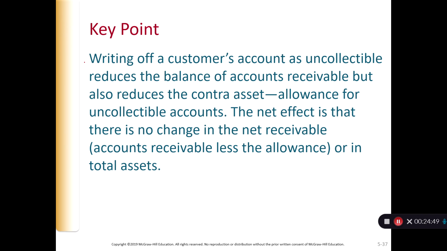So the key point we want to remember is that writing off a customer's account as uncollectible reduces the balance of accounts receivable, by debiting allowance and crediting accounts receivable, but it also reduces the contra asset allowance account. So increasing assets and decreasing assets are washed away.